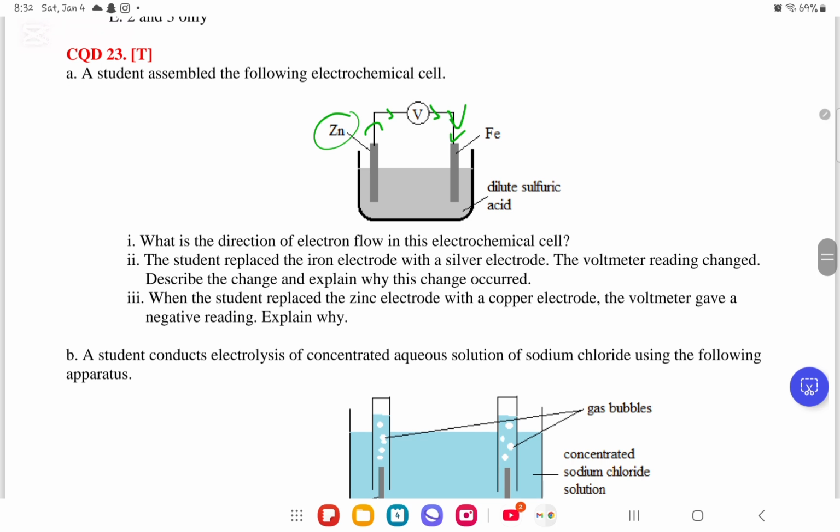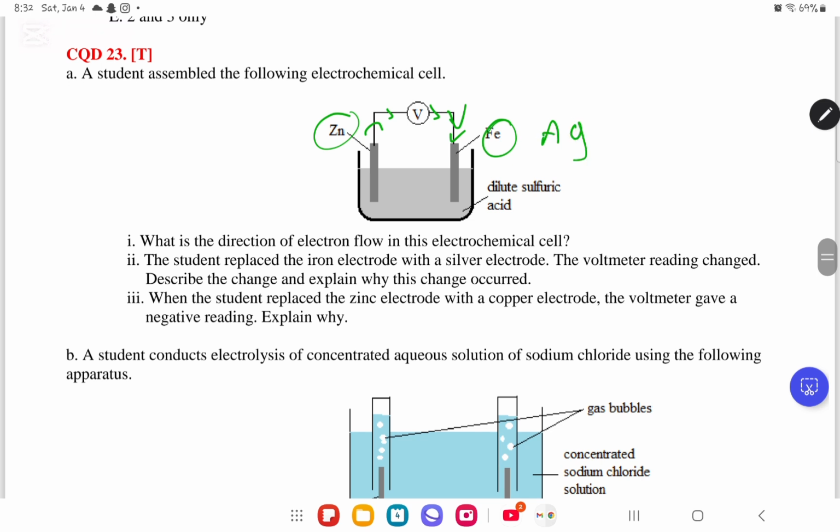Now we already did part 1. Part 2, the voltmeter reading change. Describe the change and explain why this change occurred. I don't know why I'm not able to read today. So they replaced the Fe with a silver Ag electrode.